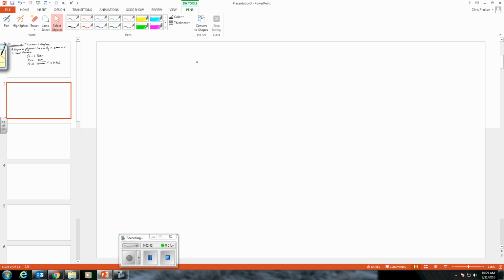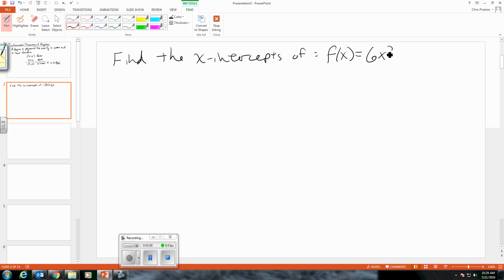So let's say we were asked to find the x-intercepts of the following function: f of x equals 6x squared minus x minus 35. Okay, so we're going to set this equal to 0, and we're going to solve it.